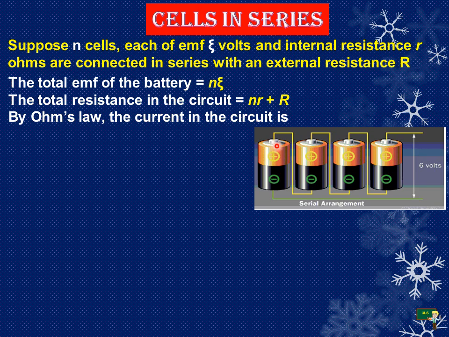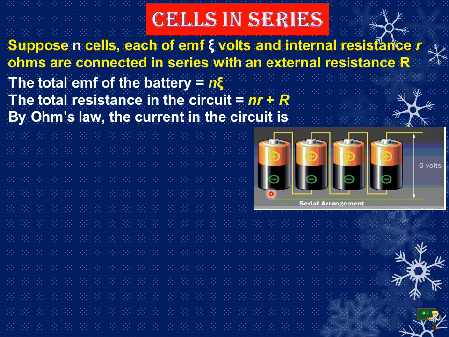See, the positive terminal of the first battery is connected with the negative terminal of the second battery, and the positive terminal of the second battery is connected with the negative terminal of the third battery, and the positive terminal of the third battery is connected with the negative terminal of the fourth battery.